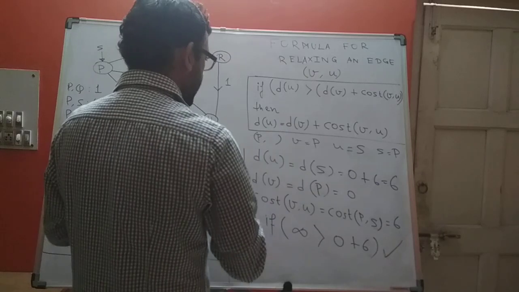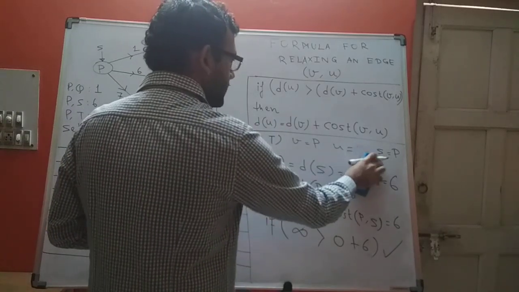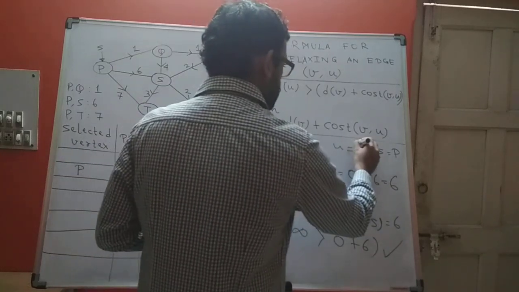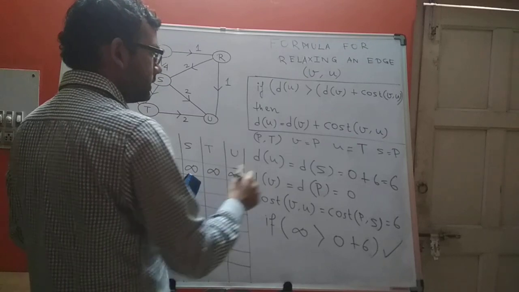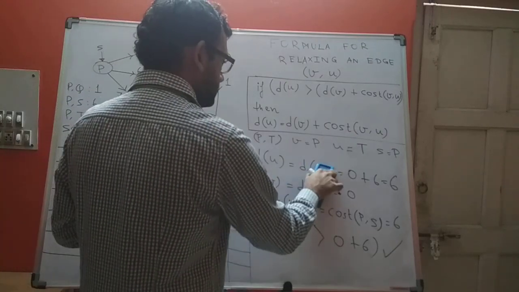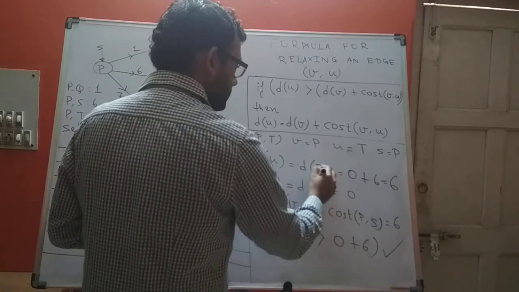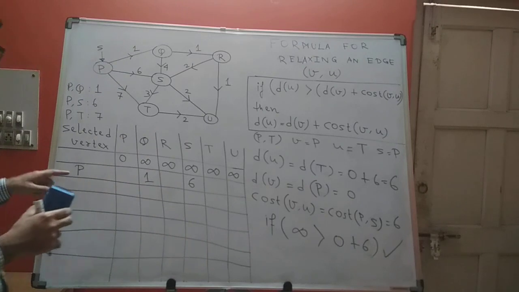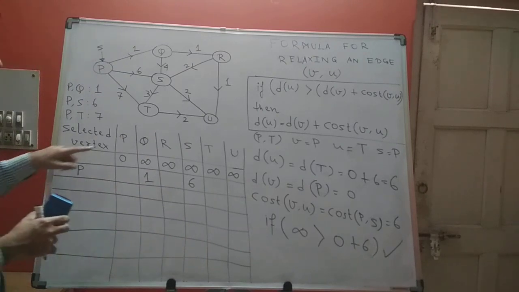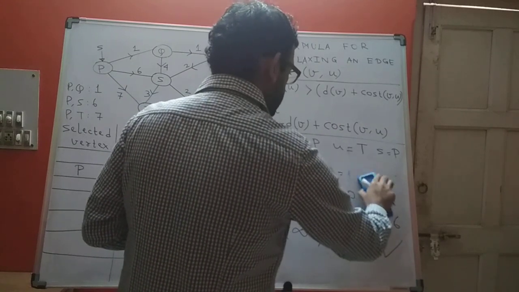So now I'll relax the edge p comma t. So my v is p and my u is t. Now see du. What is u? u is t. So distance of source, what is my source? P. Distance of source vertex p to the vertex t, what is it? Infinity.